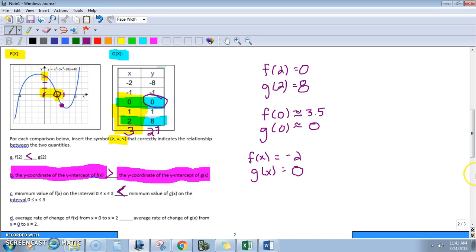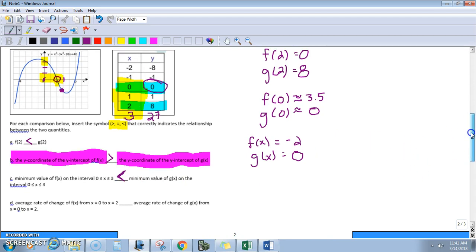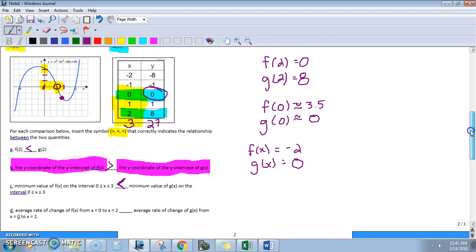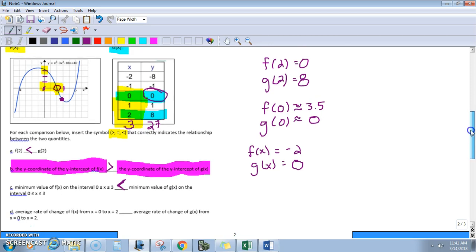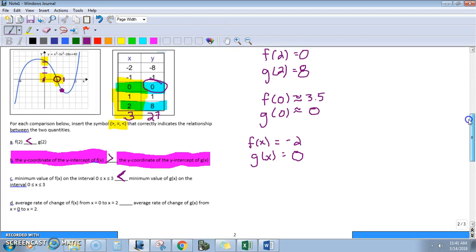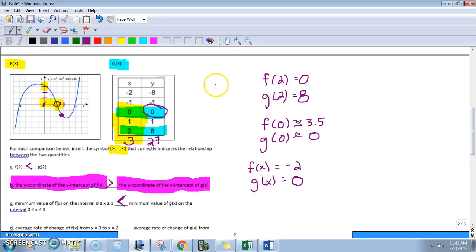And last, we have the average rate of change of f of x from 0 to 2, and the average rate of change of g of x from 0 to 2. So remember, when we're trying to find the average rate of change, we want to draw a straight line.